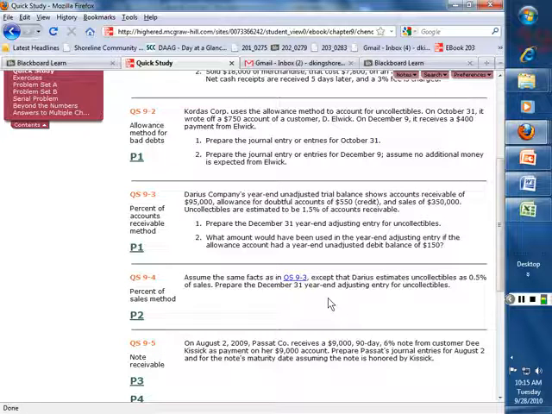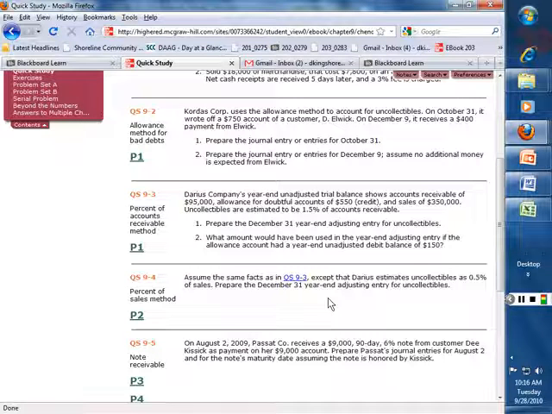What's going to be your adjusting entry in that case? Given the same facts, you have sales of $350,000, and you're not told that any of those are cash sales, so you get to assume they're all sales on account. So $350,000 times 0.005, because it's 0.5% of sales on account, is the amount of bad debt you're calculating.